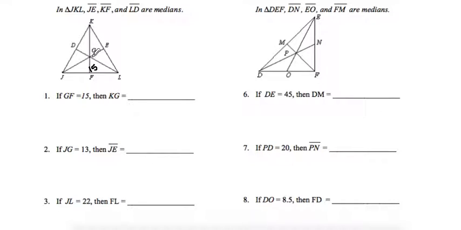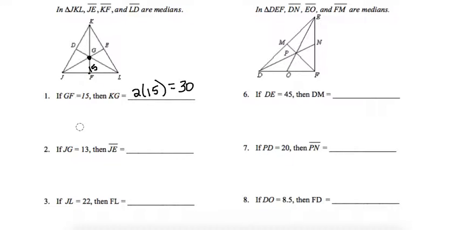Find KG. Since this is from the centroid G down to F, the midpoint of that segment, that's 15. Remember we said that the top part is supposed to be twice as long as the bottom part. So this is going to be 2 times 15, or 30. So the measure of KG is 30.